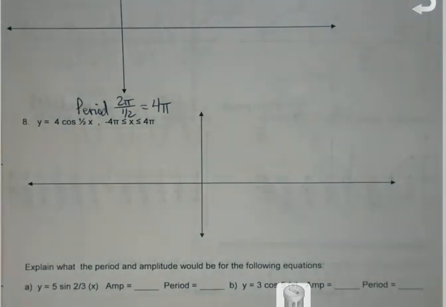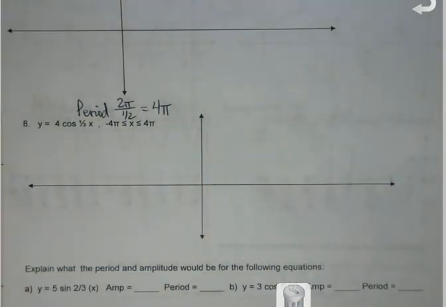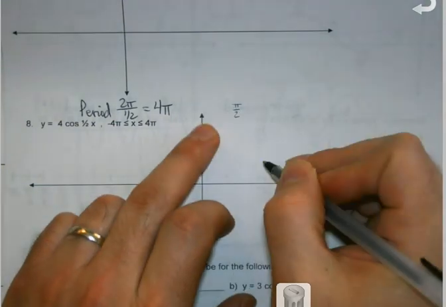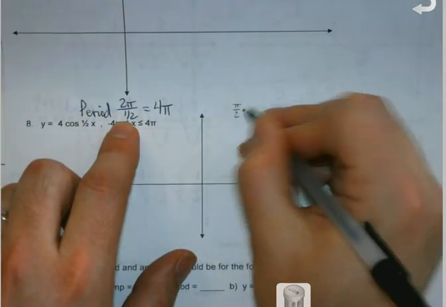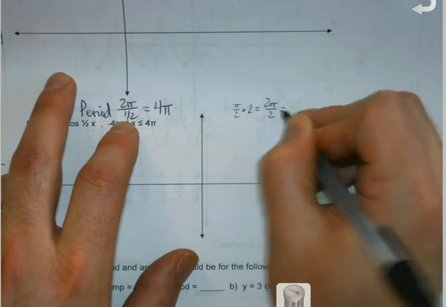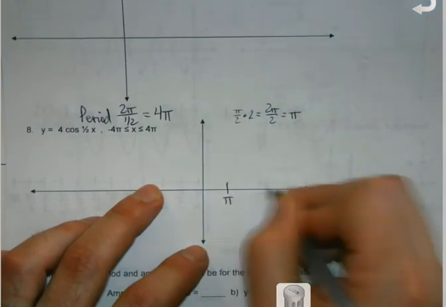Divide by 1/2, multiply by 2. So my period is going to get monstrous now. Because that pi over 2 that I was going to do before, I'm dividing by 1/2, so I'm going to times it by 2. Oh, this is great. So I'm just going to count by pi's. I can do this.